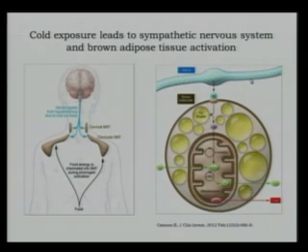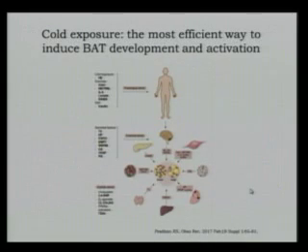And this is, again, sympathetic nervous system activation. This is norepinephrine, again acting on your mitochondria. And instead of producing ATP, you have the upregulation of uncoupling proteins, which leads to energy expenditure in the form of heat and not really ATP generation. So again, the most efficient way to activate brown adipose tissue is exposure to cold.